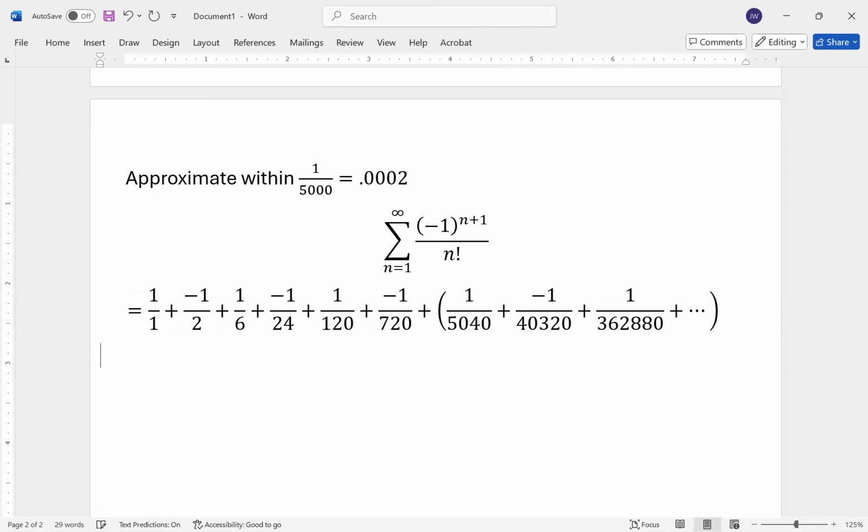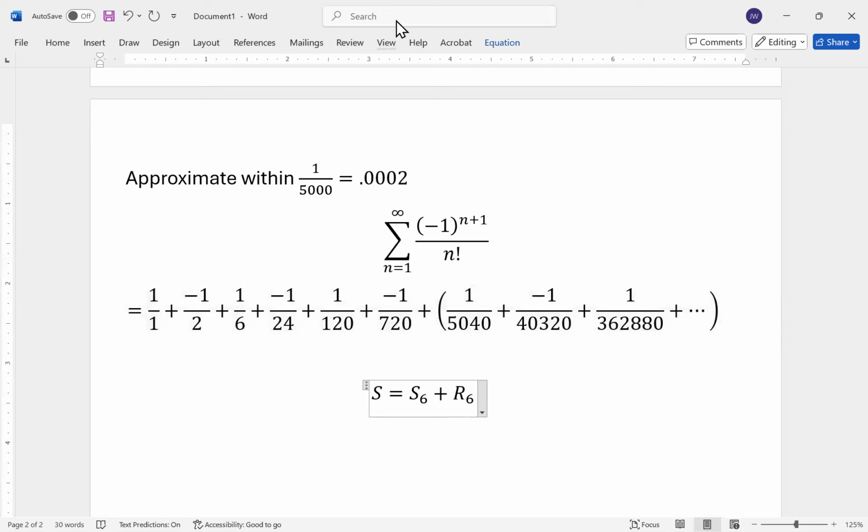This means that the actual sum can be represented as two parts: the sum of the first 6 terms, then the remainder.